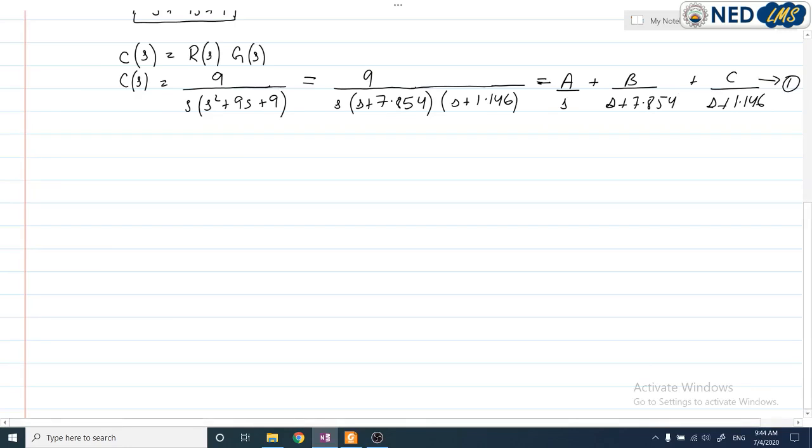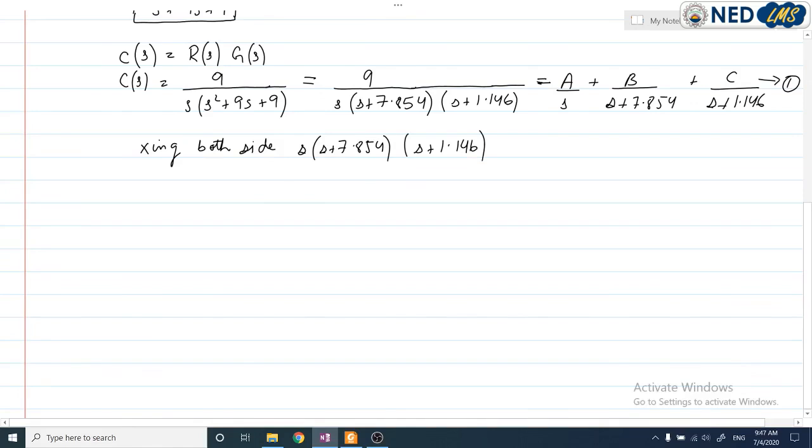Now to get the values of these constants a, b and c, I am multiplying both sides by the denominator terms, which are s, s plus 7.854 and s plus 1.146.